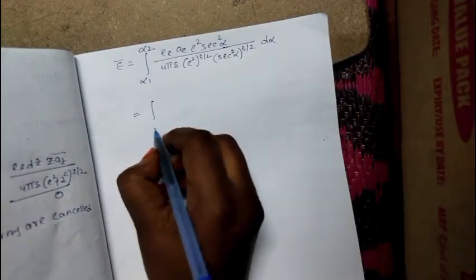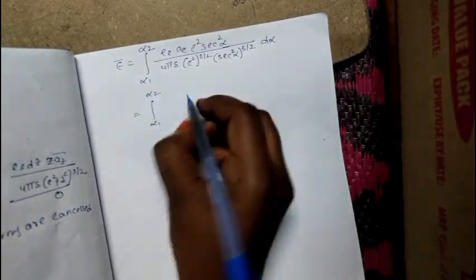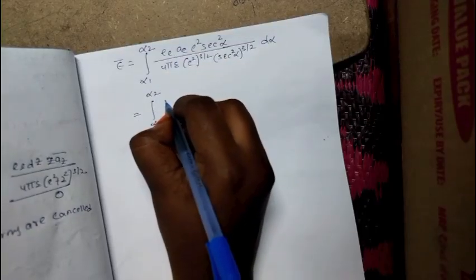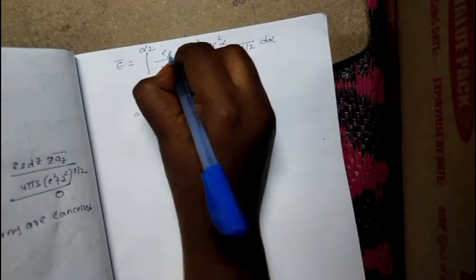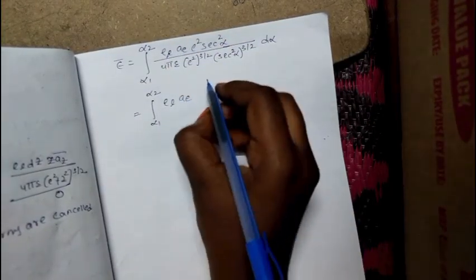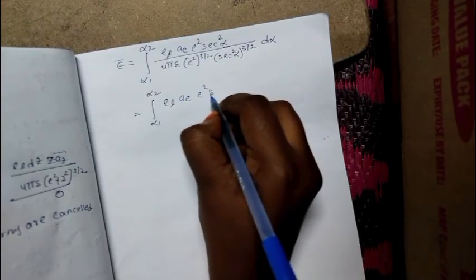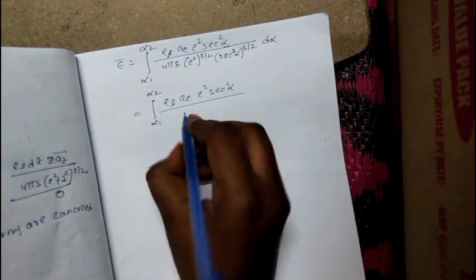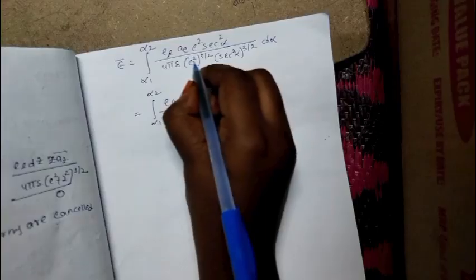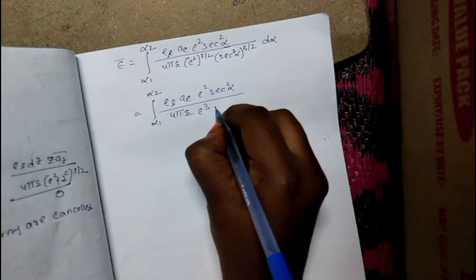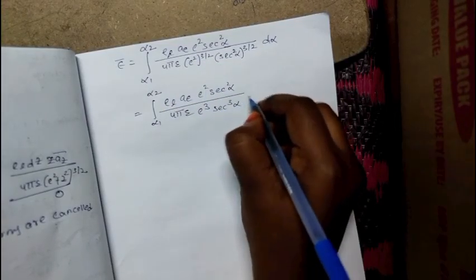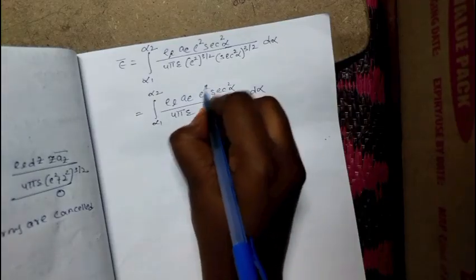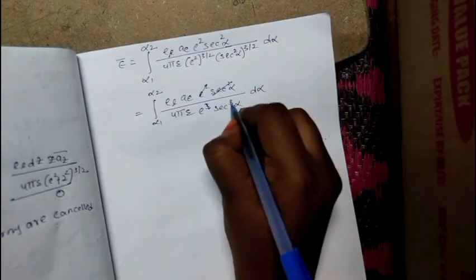Next, rho L a rho bar, rho square secant square alpha by 4 pi epsilon, this is rho cube, this is secant cube d alpha. This rho square cancels, this cancels.